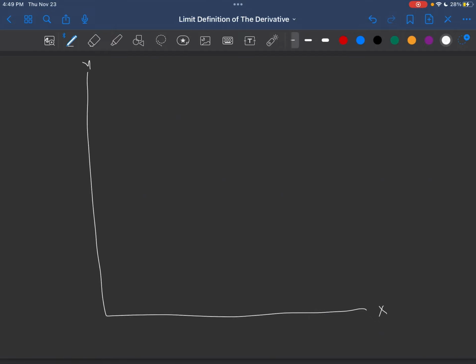Okay, so let's say we have some function here where the points P and Q belong on this particular function. And we want to find, or at least approximate, the secant line of this function by finding its slope, this particular secant line.